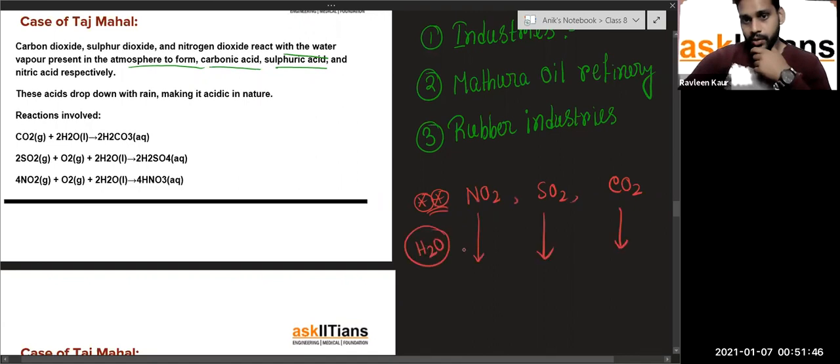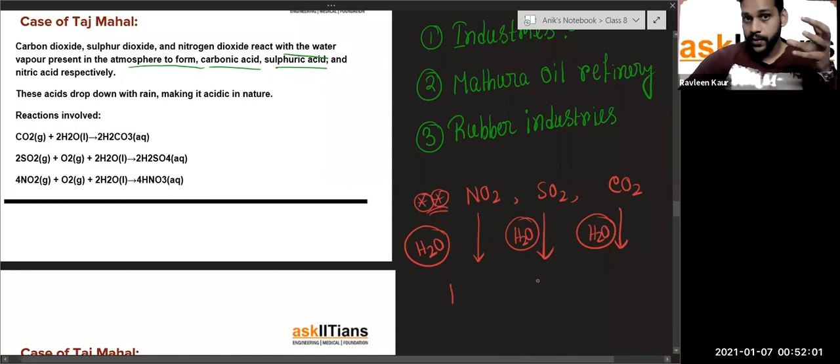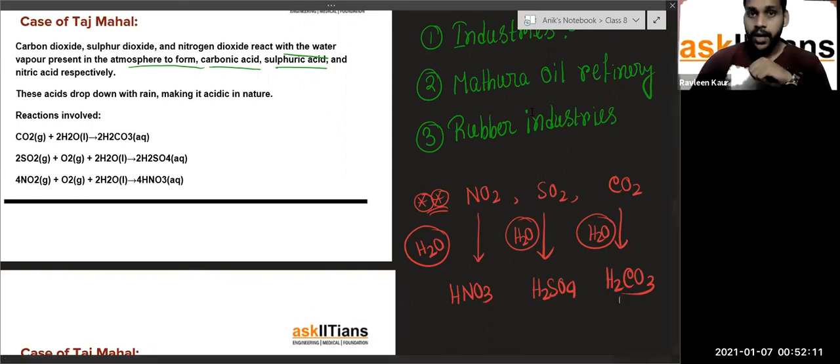We know that in our air there is so much water vapor present, right? As a result they make these acids, like HNO3, H2SO4, H2CO3.